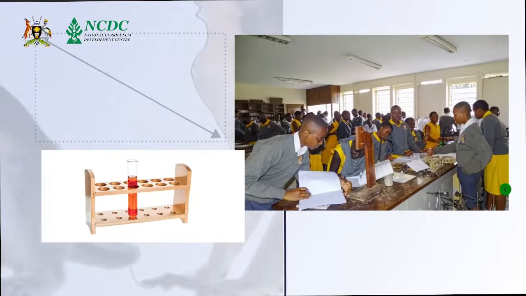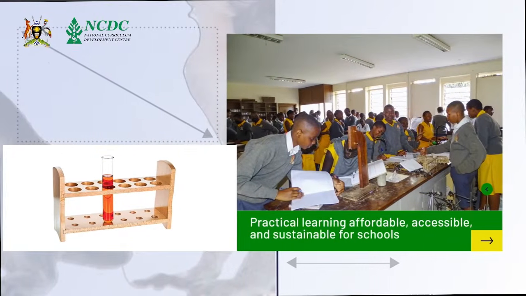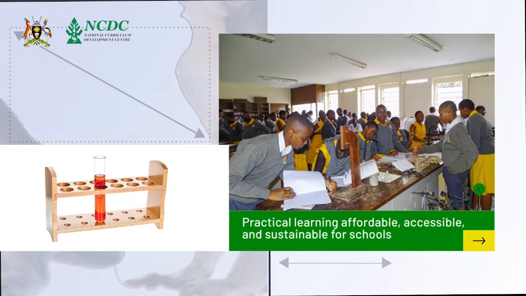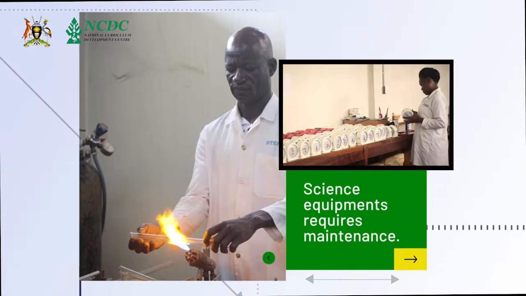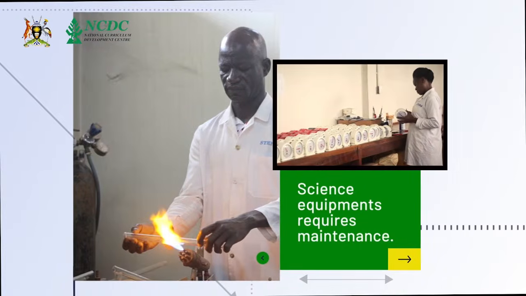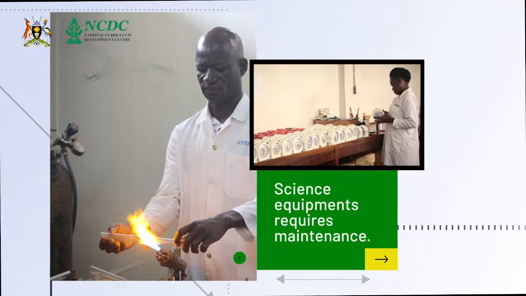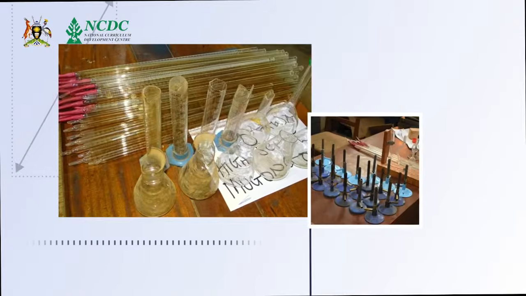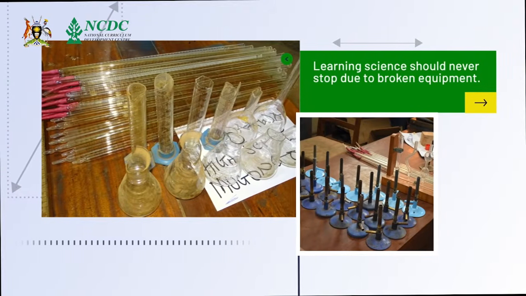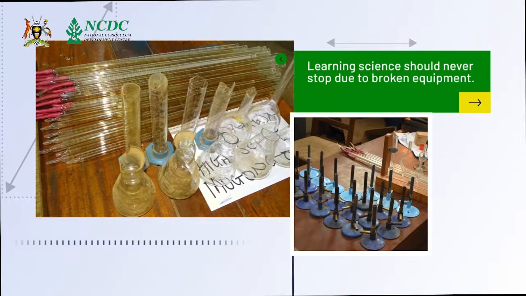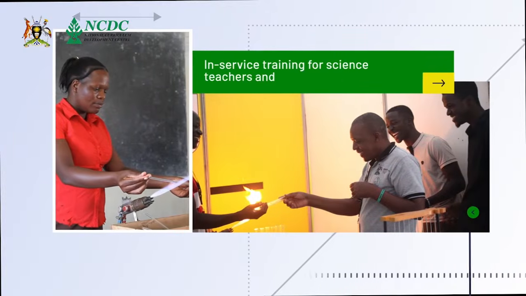This approach makes practical learning affordable, accessible, and sustainable for schools across the country. Science equipment requires maintenance. STEPD provides repair and servicing support to institutions to ensure laboratories remain functional and effective. Learning science should never stop due to broken equipment.